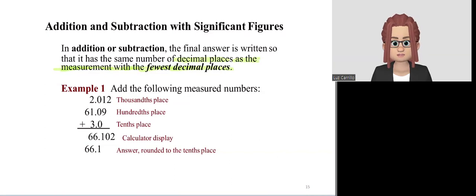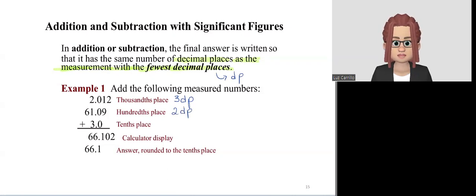So let's take, for example, that we are going to be adding the following measured numbers. In 2.012, we have specifically 3 decimal places. My shorthand for decimal places is DP. In the second number, 60.09, we have 2 decimal places.